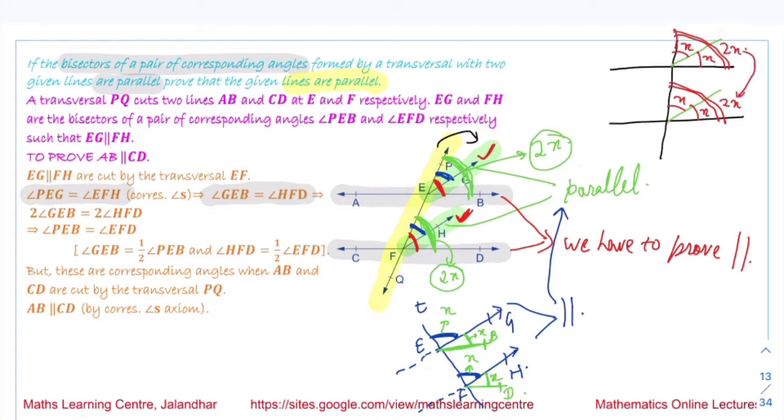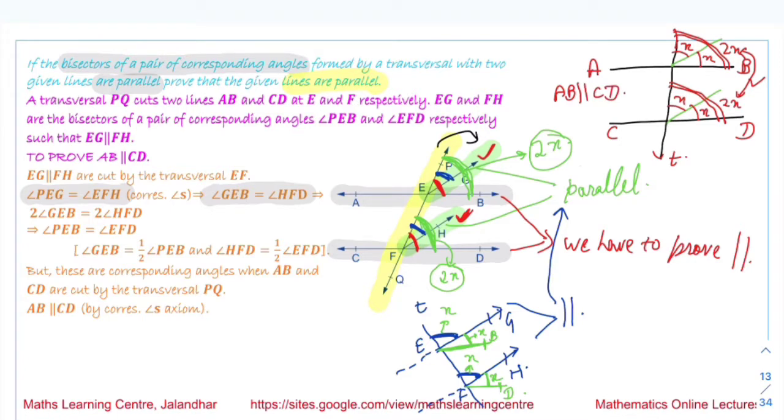Both these angles are equal, and these are the corresponding angles for the lines AB and CD if we consider T as the transversal. So by the corresponding angle axiom we say that AB is parallel to CD.